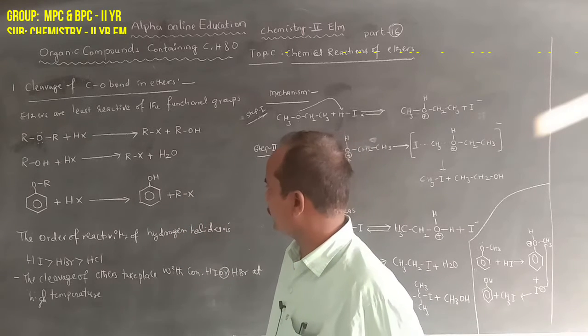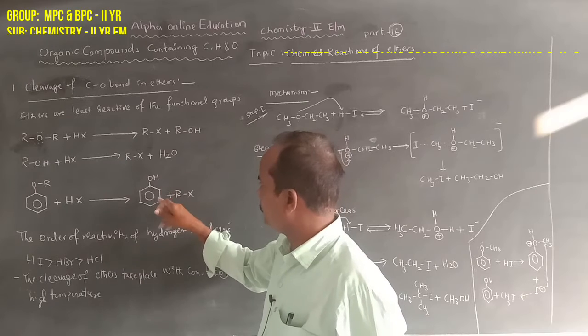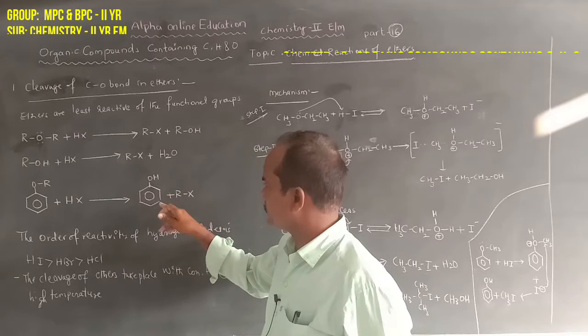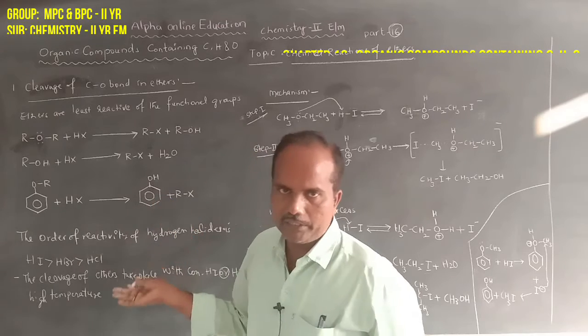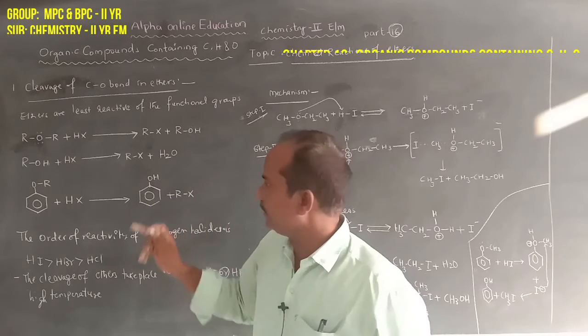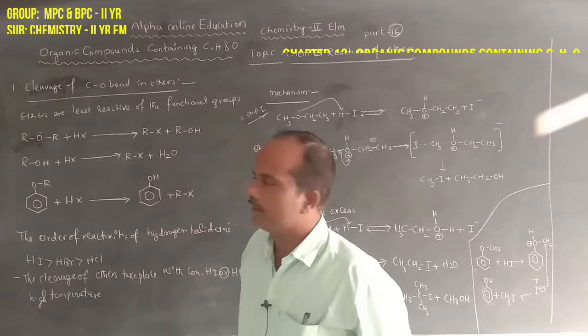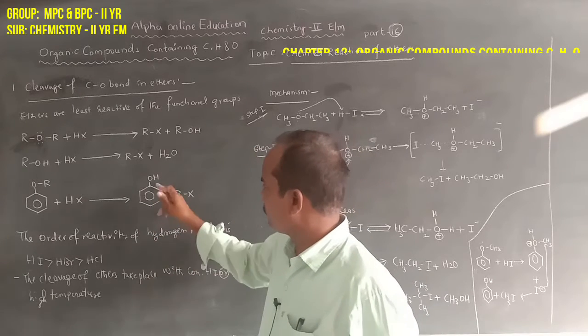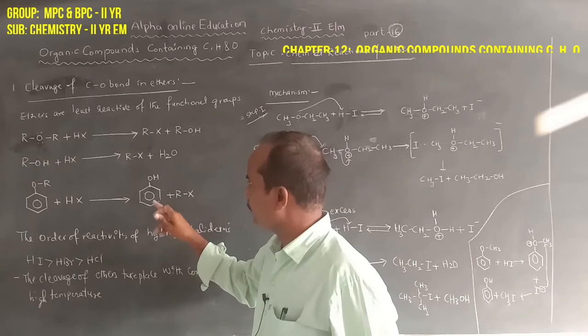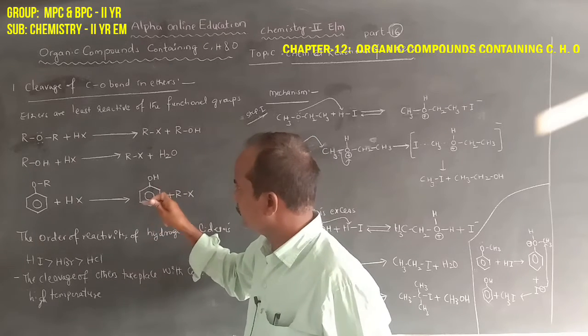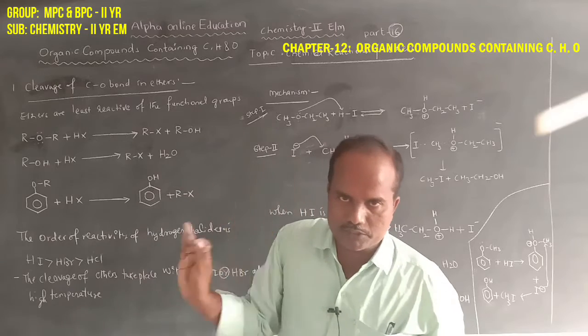The phenolic compound which is formed in the reaction does not take part in a nucleophilic substitution reaction. This is the phenol formed, not involved in the nucleophilic substitution reaction.